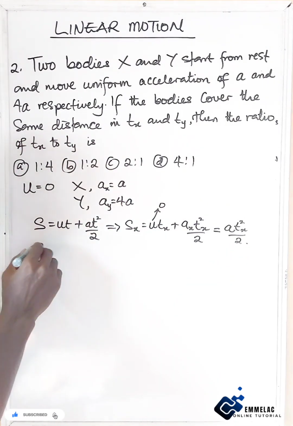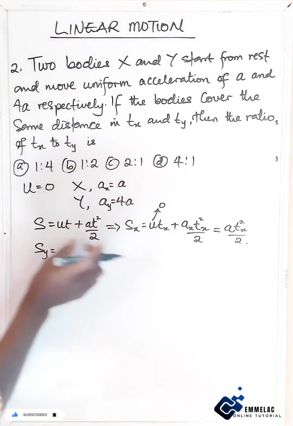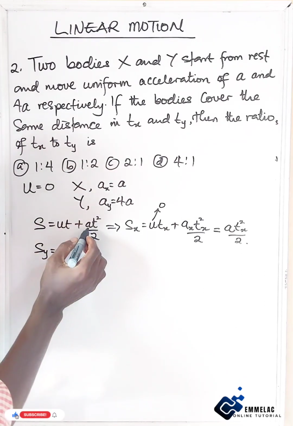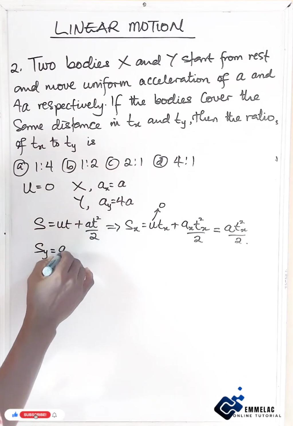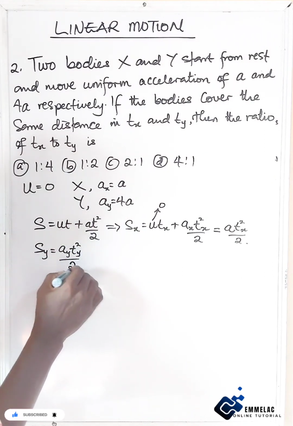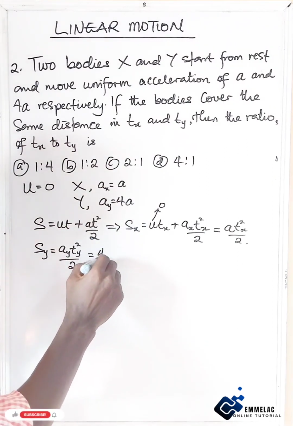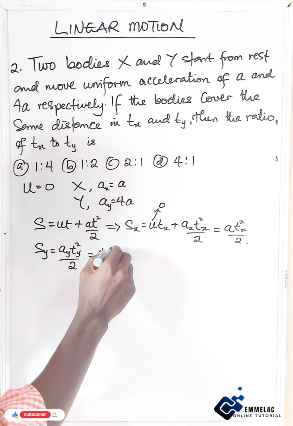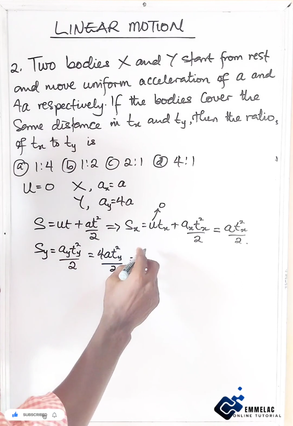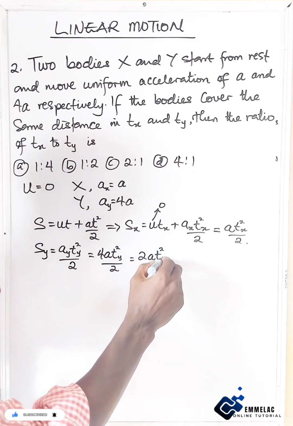Now for y, since the same thing here, our u is 0, it implies that u t is 0. Then for here we have a sub y t squared sub y all over 2, and a sub y is 4a, so 4a t squared sub y all over 2, so we end up having 2a t raised to the power of 2 sub y.